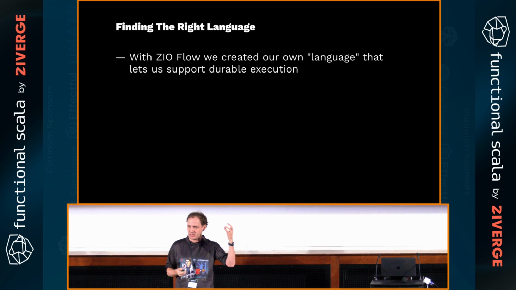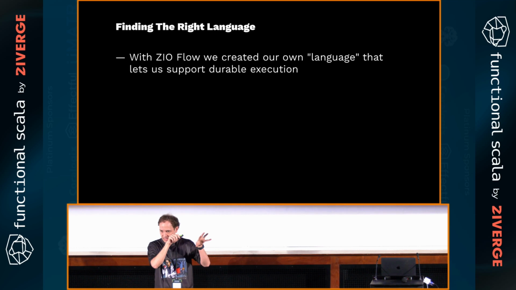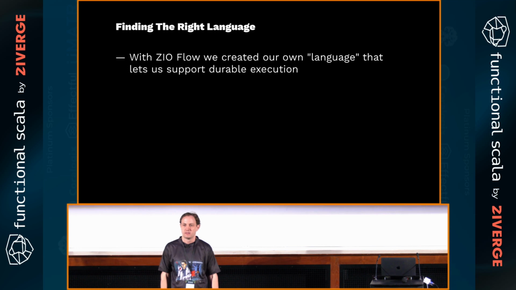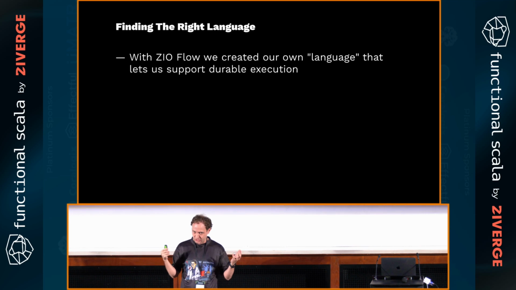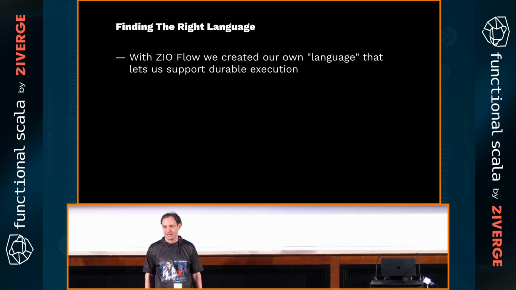We had this concept of these workflows, and we had this concept of these remote variables and these activities, and we made you use that language. And as long as we made you use that language, then we could give you this property of durability. But the disadvantage of that is you have to write in our language, and no one else knows our language because we just literally invented our language. So that's not actually that helpful for people. So how could we instead find an existing language that we could use for this?